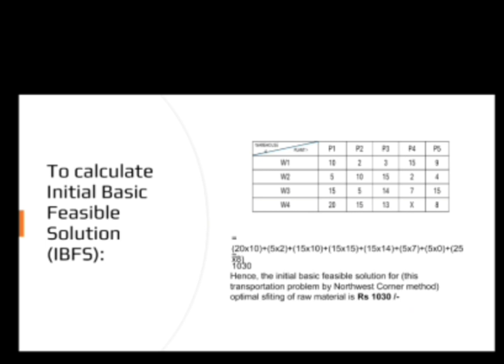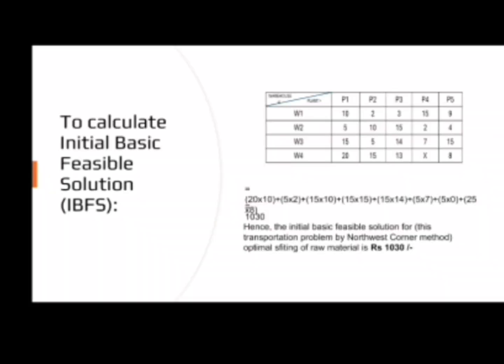But as they have asked for the optimal solution for the problem, we have to calculate the initial basic feasible solution, that is IBFS. To calculate this, we have to take the first table given by them and the matrix cells fulfilled by us by the Northwest corner method. We take W1P1 as 10 and its allocation as 20, so 20 into 10, plus, like that, all other cells P2 W1, P3 W2, and so on.